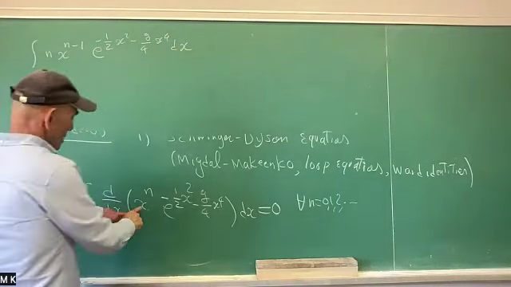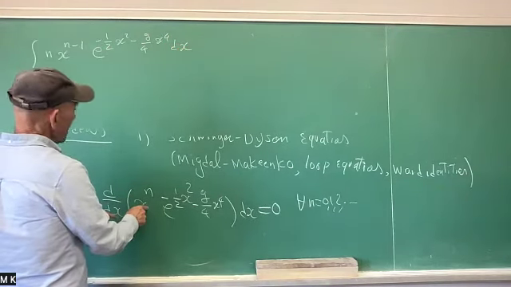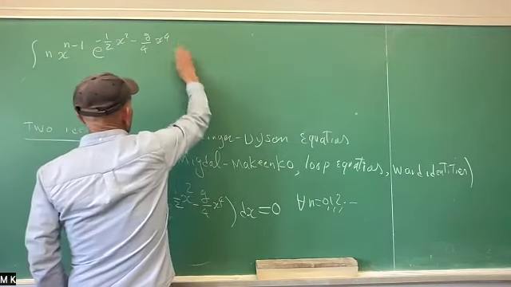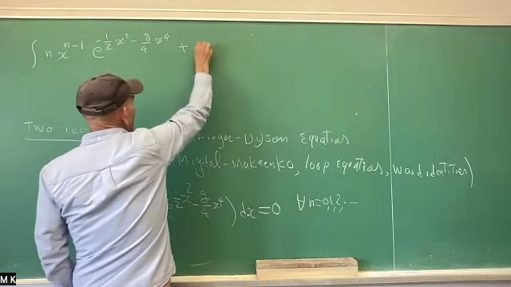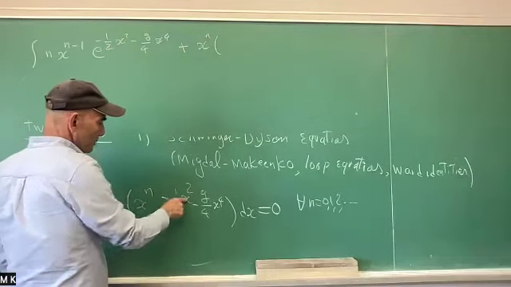So n x^{n-1} times this, and then plus x^n times the derivative of the exponent.